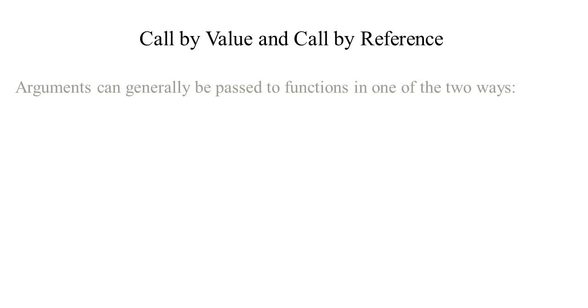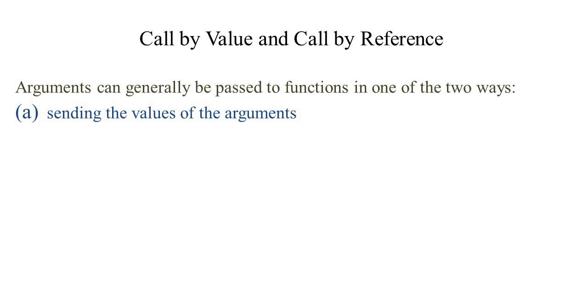We will see both of these. The first one is sending the values of the argument, which is also known as call by value. Call by value means we are calling a particular function and providing values to it.